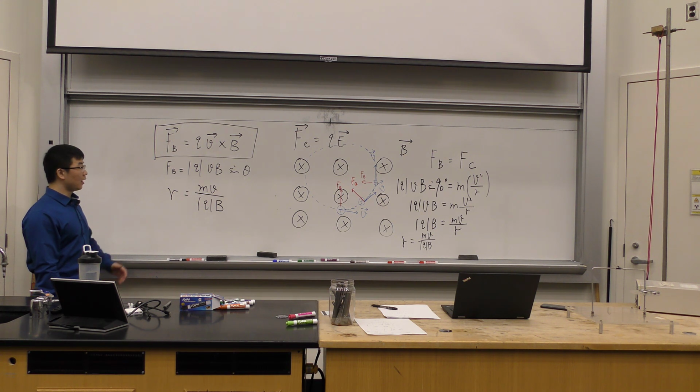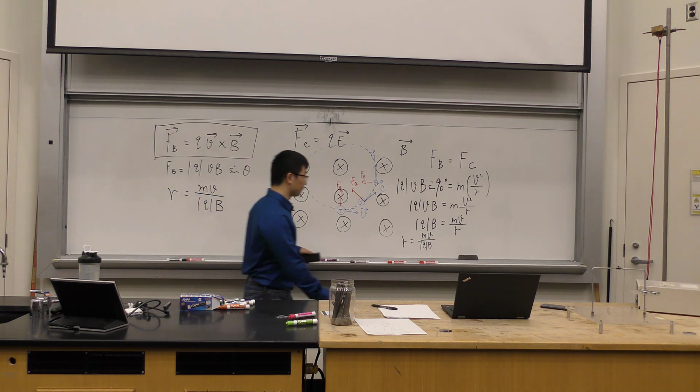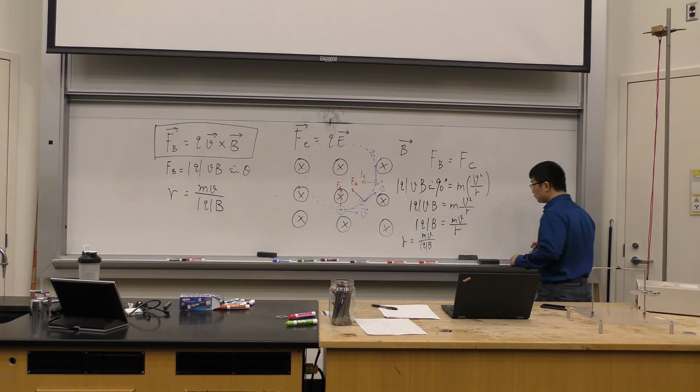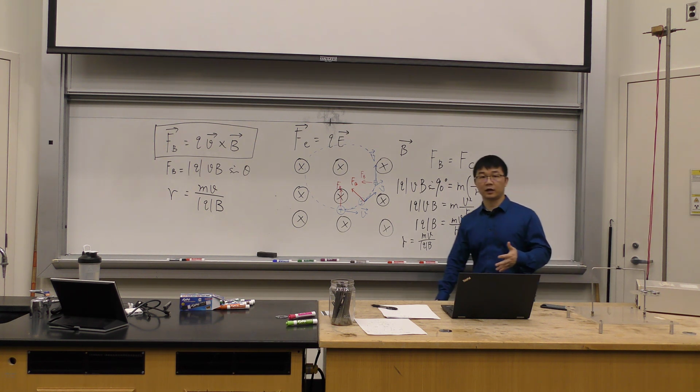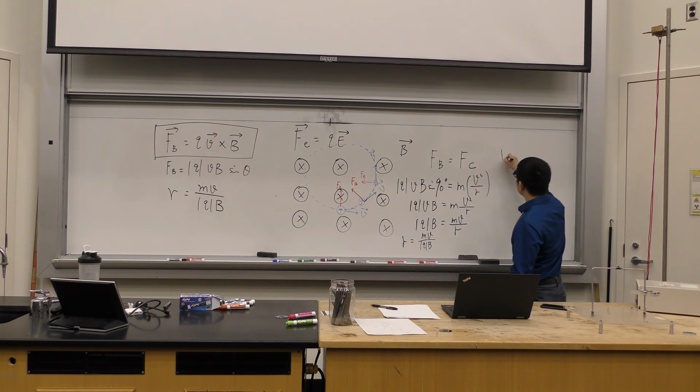And then how do we connect the velocity, the radius, and the period? If you still remember, we use the definition of velocity to find the relation. So it's not a new theory, okay? Still, it's not a new theory.